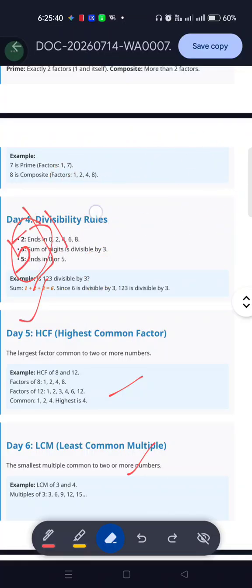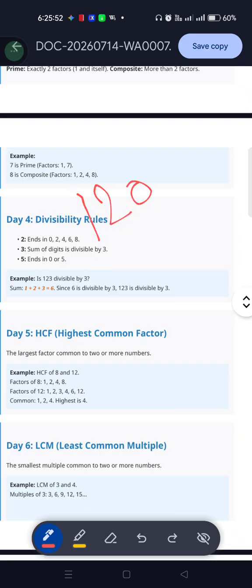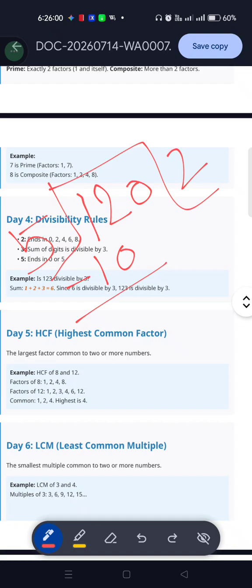Okay, also we can take one more example this way. Say 120. Okay, because 0 is also coming, so you can divide by 5. 5 2s are 10, then 12 minus 10 is 2, and 0 will be here, and 5 4s are 20.